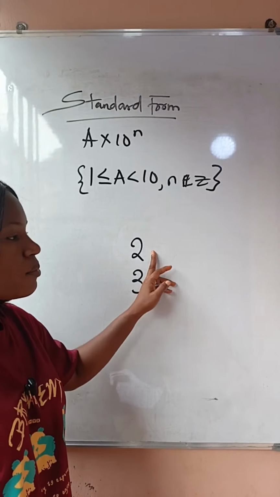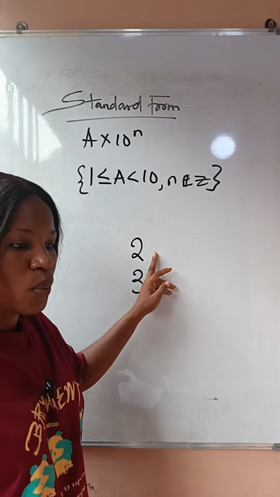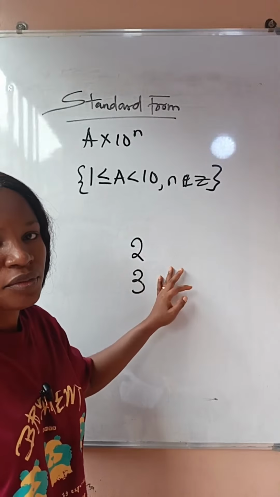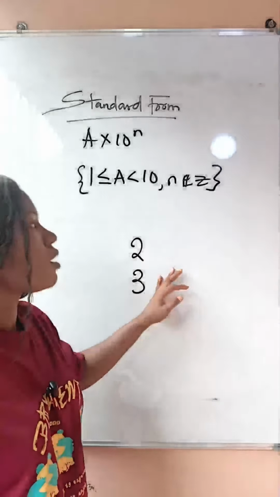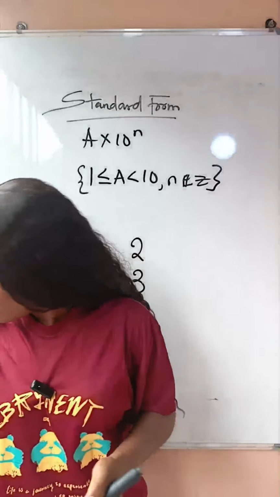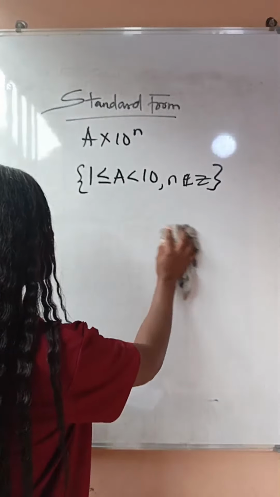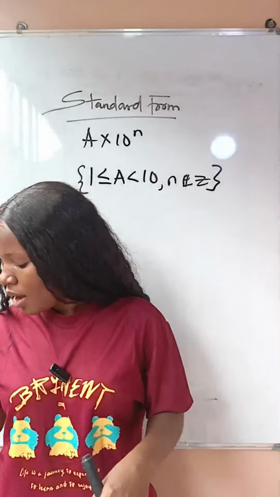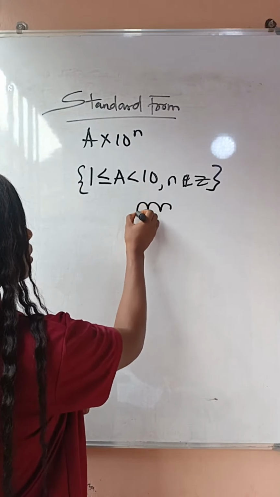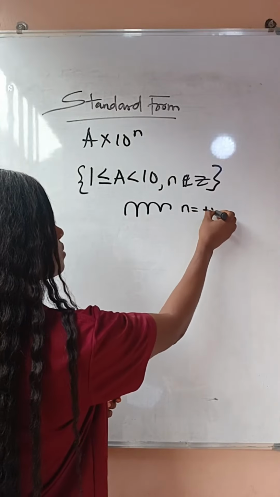You will see that. Now, I'm going to give you the easiest way of putting a number in standard form. Very easy way. The first is this. Let us note that anytime we want to change a number to standard form and we move our decimal point to the left, then our n will be positive.